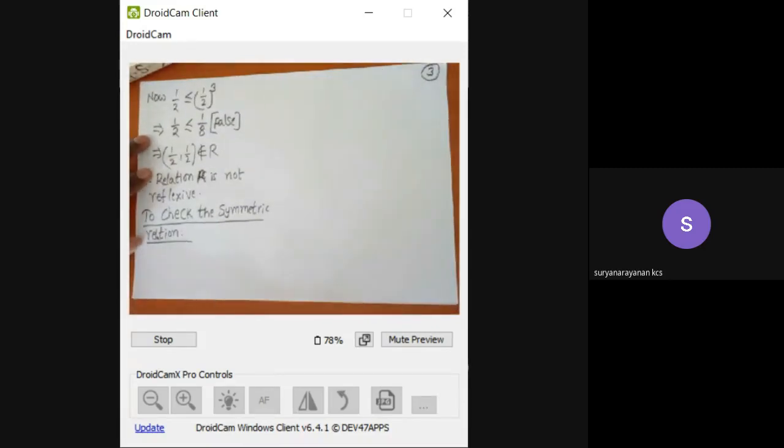Here, this relation R is not a symmetric relation either. That is why we give a counter example to show that a relation R is not reflexive. It is enough to give a counter example. Similarly, if it is not symmetric, it is enough to give a counter example to show that it is not symmetric. Likewise, for any such property, we have to give a counter example.